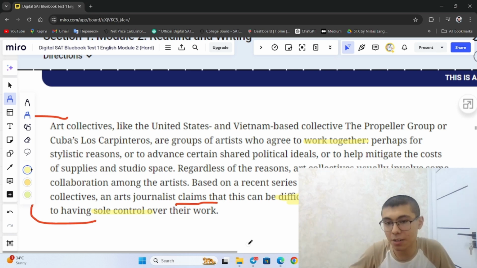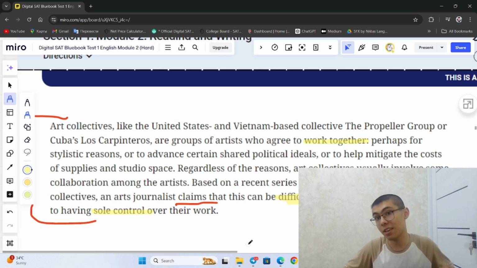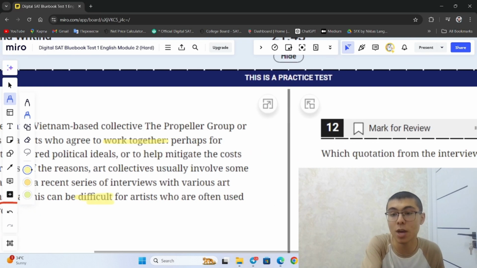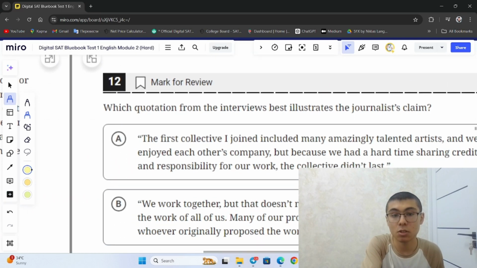So until here, the text was literally telling that working together is good, but now working together is bad because it's difficult. So why? Because many of the artists were used to having sole control. Sole means only, like having the solitary control over their work. So let's have a look at the choices.